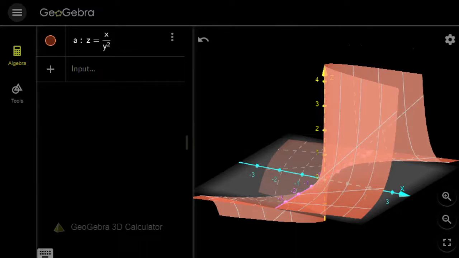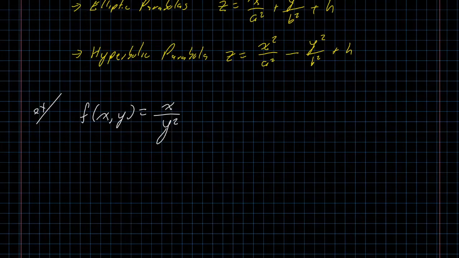So I'm going to follow the same sorts of ideas that we've talked about previously. If I jump back over to my notes, the traces of this curve. We can look at z equals f of x and 0, which is unfortunately undefined, so we're not going to get a lot out of that.